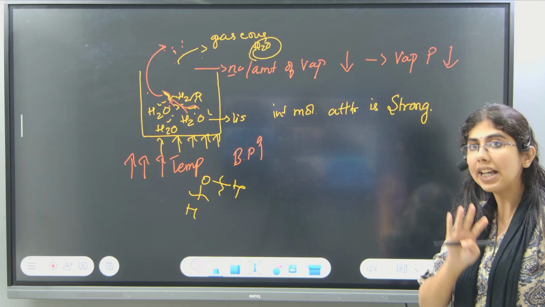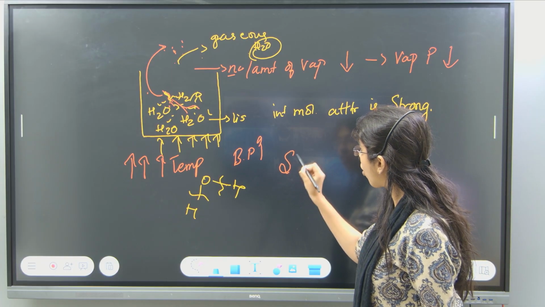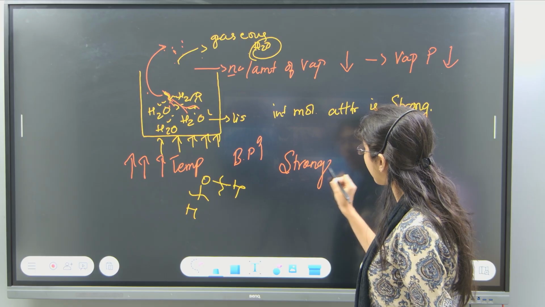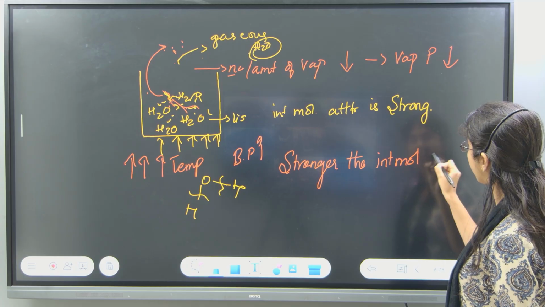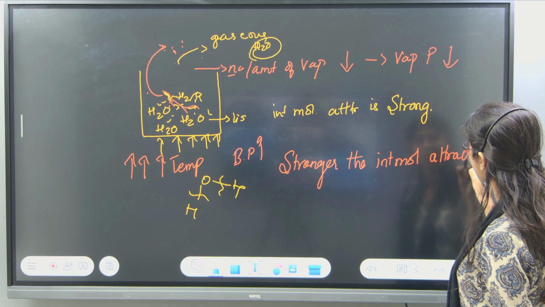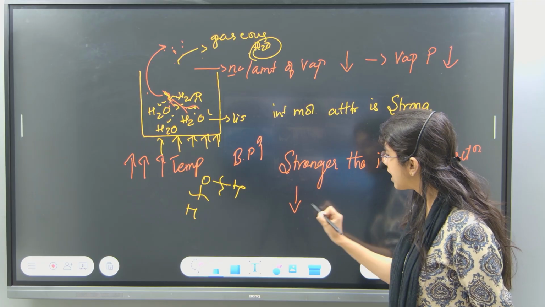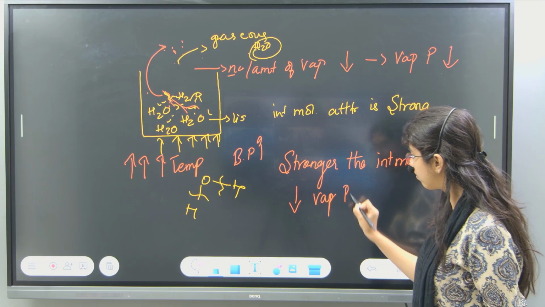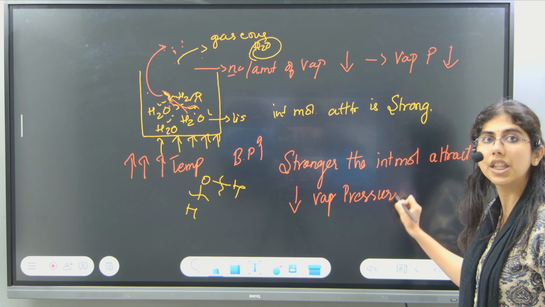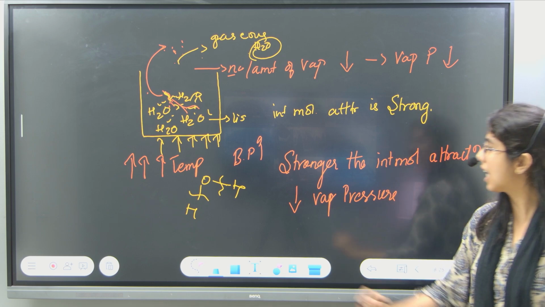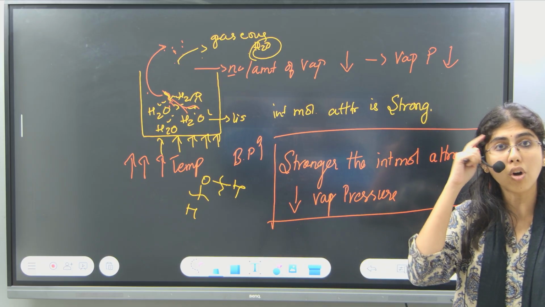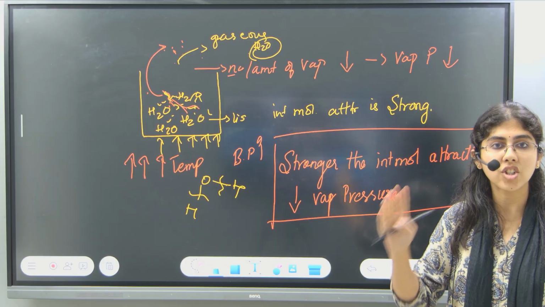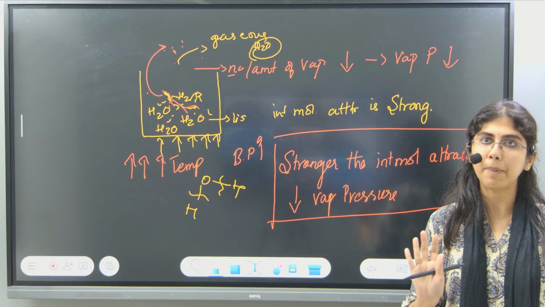Then can I say this? Stronger the intermolecular attraction, lesser the vapor pressure. Is this correct? Yes. So this is something you have to remember: stronger intermolecular attraction, lesser the vapor pressure.